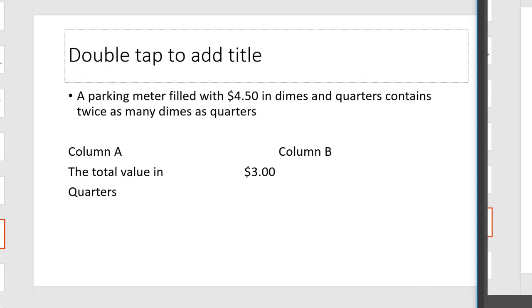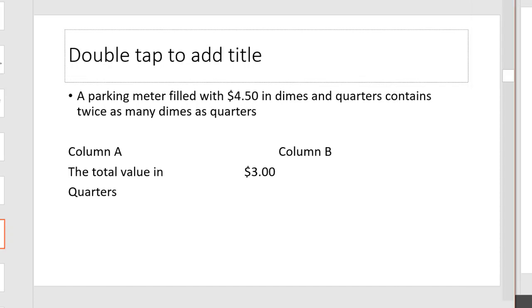So if I have 0.25Q plus 0.1 dime is equal to $4.50, that's not really the whole equation. What we really need to do is understand the relationship between dimes and quarters.